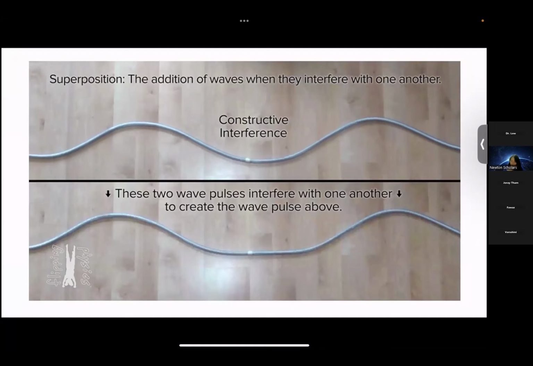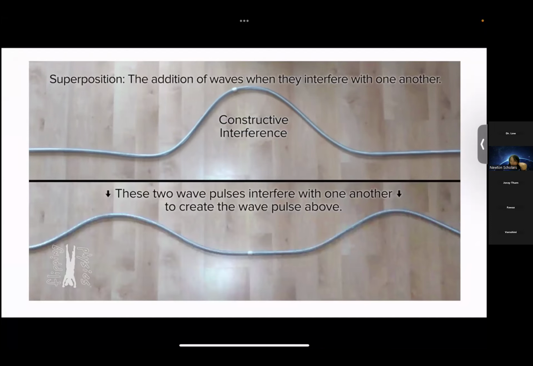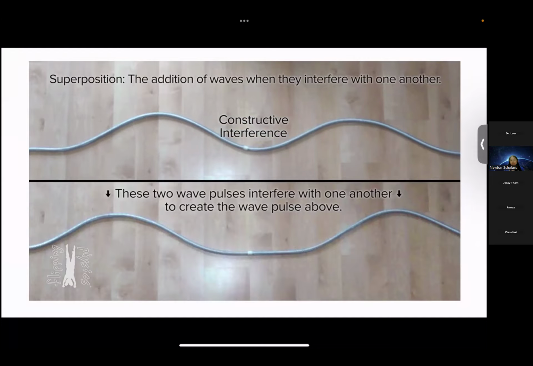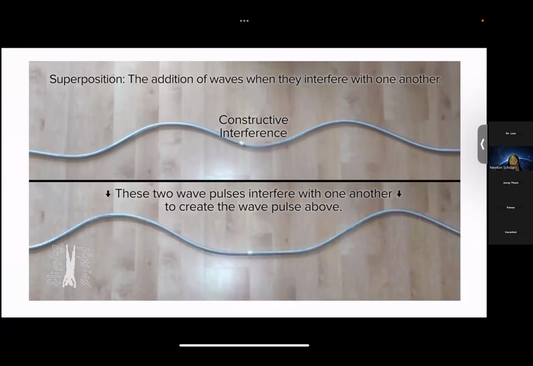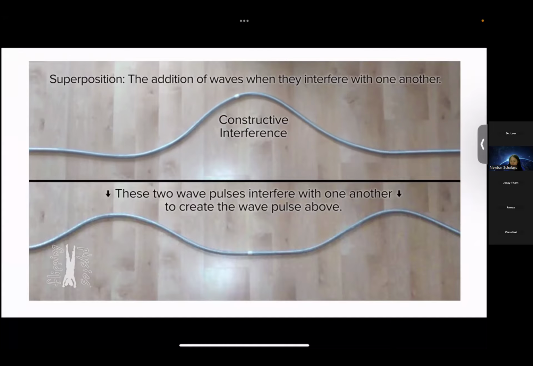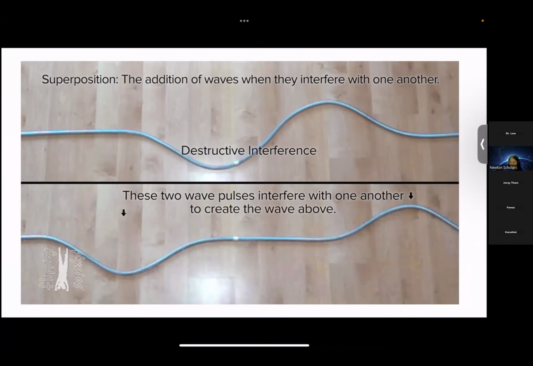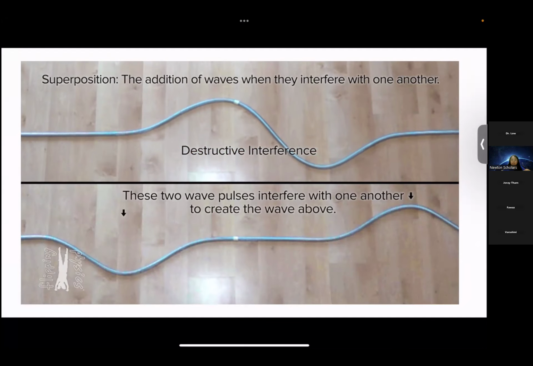Okay, this one. When two waves meet up together, can you see that it becomes a higher wave? After that, they move away from each other. When they move towards each other, they meet up. After that, they move away from each other. This is called constructive. Then destructive is when one trough and one crest meet up. Then at the center here, what's going on? They become 0, and then they split out.